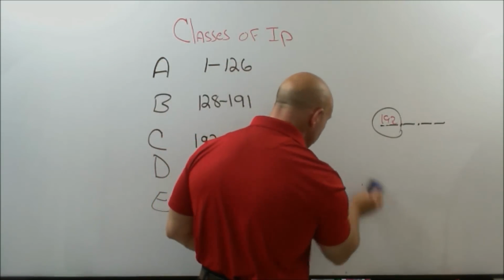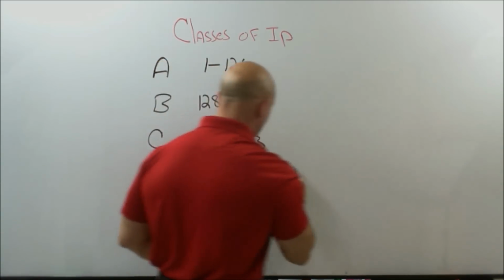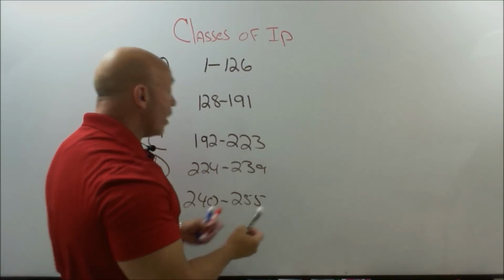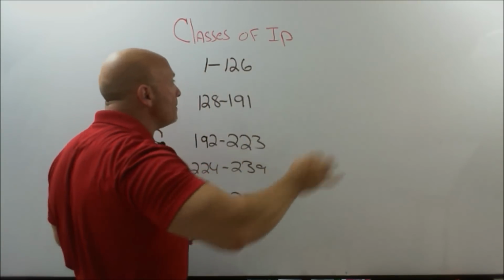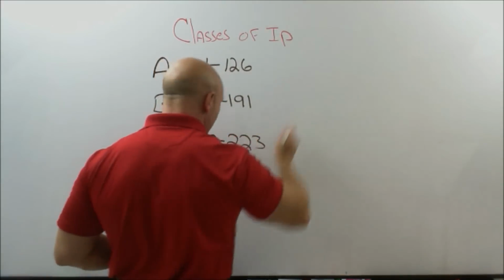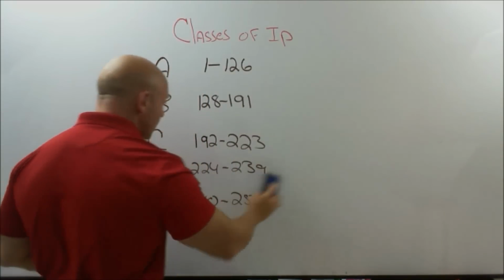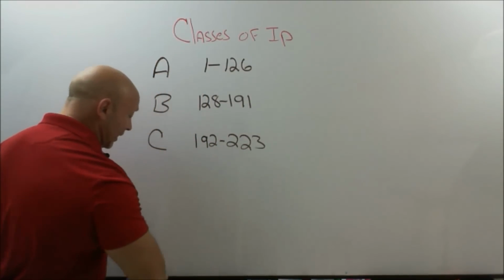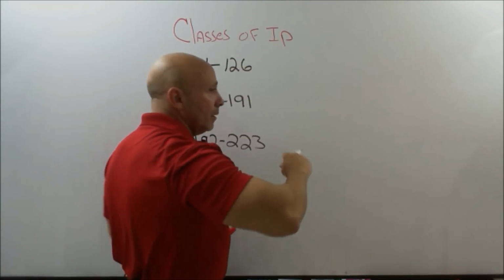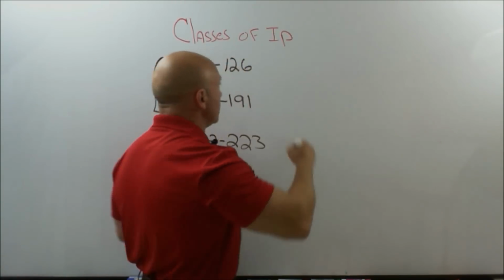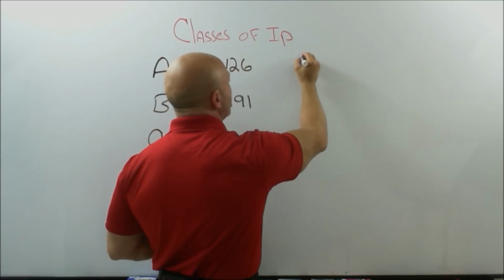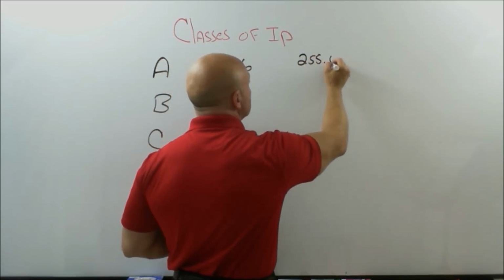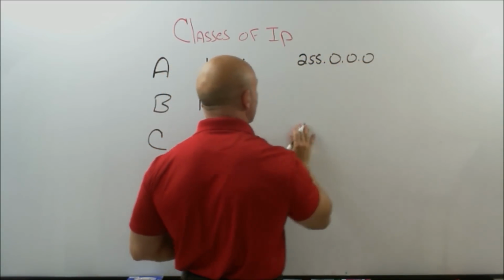Now, they all have a default mask. For class A, really, we can get rid of these two because you're not going to be working with these in any configurations whatsoever. So for a class A, you have 255.0.0.0.